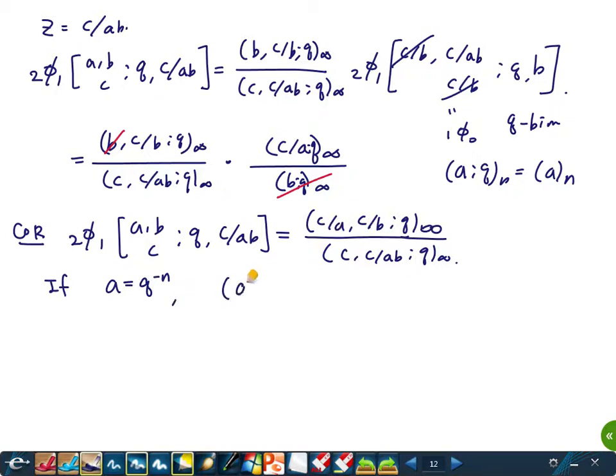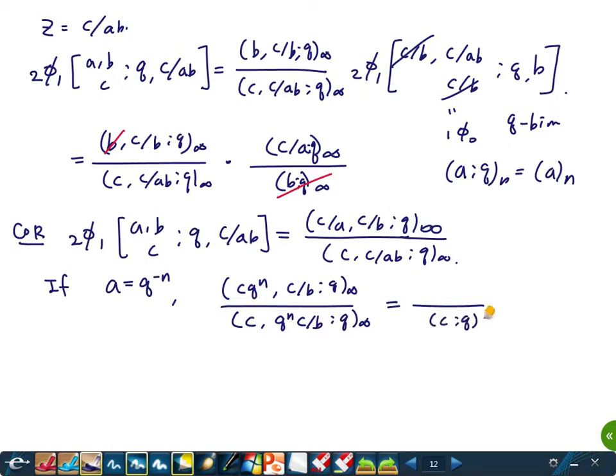This part is (C; q)_n over (C/B; q)_n. Now you can cancel this, so you get (C/B; q)_n. If you also cancel this, you get (C/B, q)_n. All right?